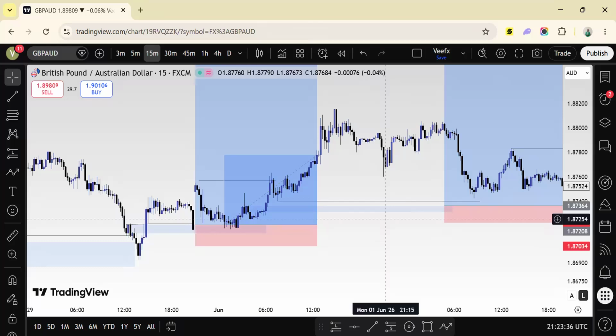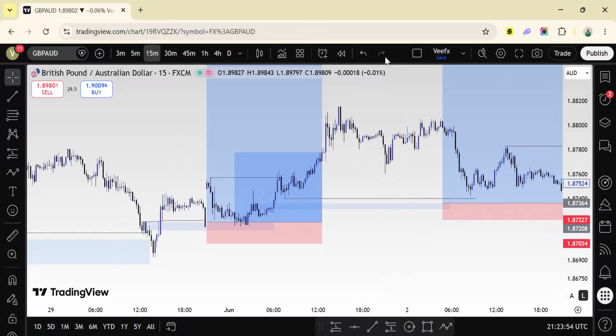Can you see it now? Can you guys see it now? Yes, boss, I can see now. This is totally different from what I was seeing before. Okay, sorry about that.